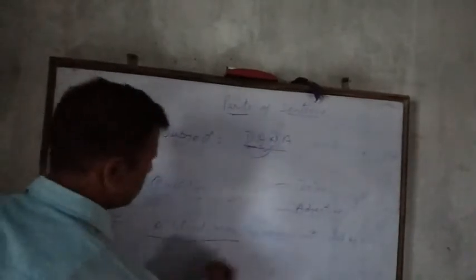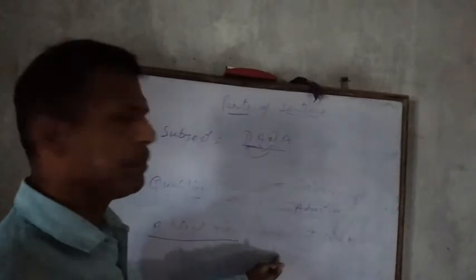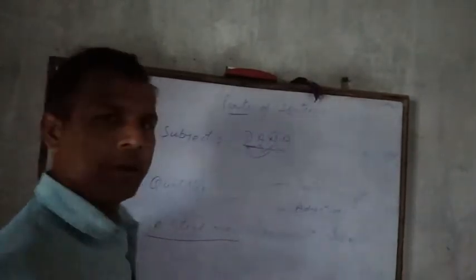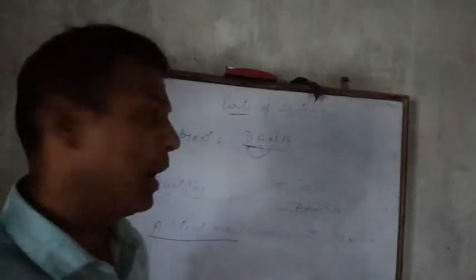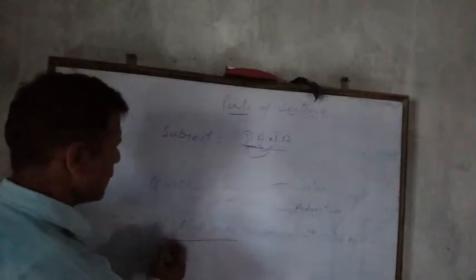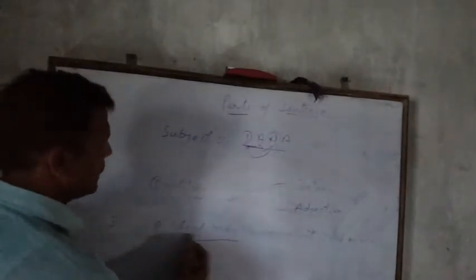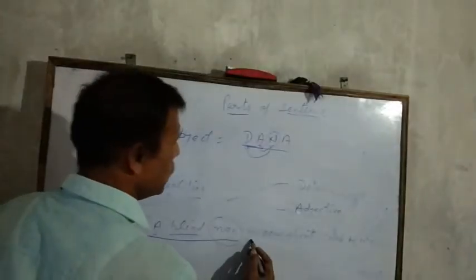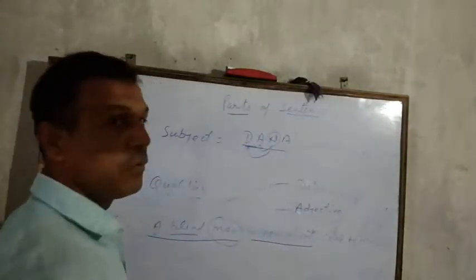A blind man, एक अंधा आदमी, नई शर्ट पहने हुए एक अंधा आदमी मेरे पास आया. So a is determiner here, blind is adjective here, man is head word. In new shirt, this is an adjectival phrase.